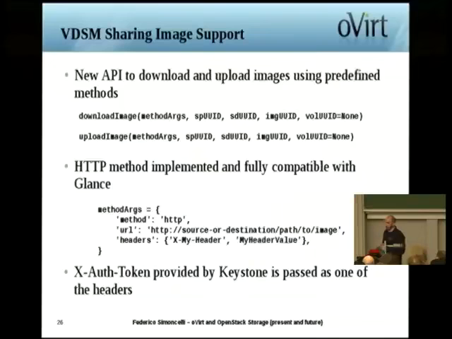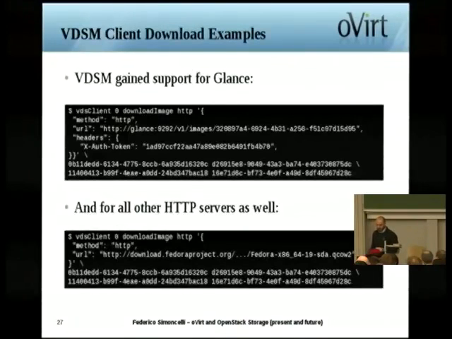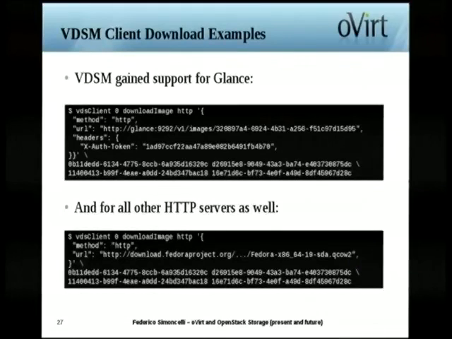And we can issue different methods for the transfer. One of these is HTTP, that is the one that is used for Glance, right? And we can also specify additional headers to it. So, as I said, in this way, we gain support both for Glance and also for all the other HTTP servers.